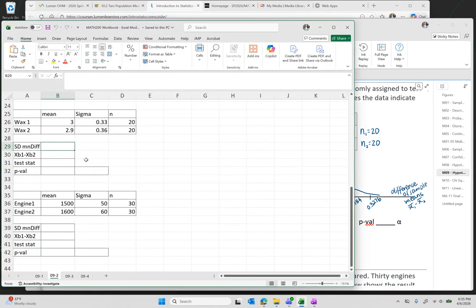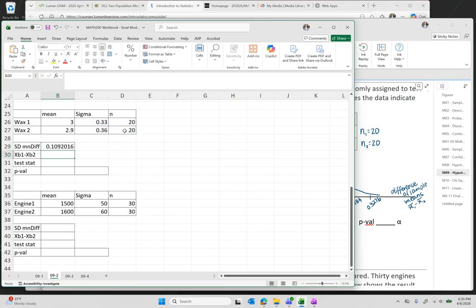I have already started an Excel file. I have entered the data right here, and I'm going to find the standard deviation of the difference of the means. So equals the square root of this sigma squared divided by this n plus this 0.36 sigma, that sigma squared, divided by that n2.